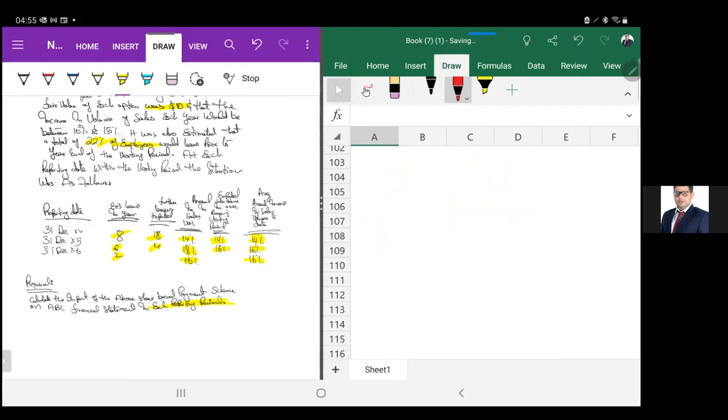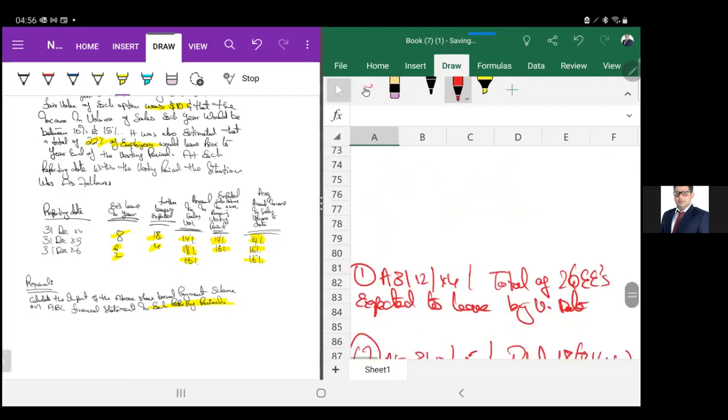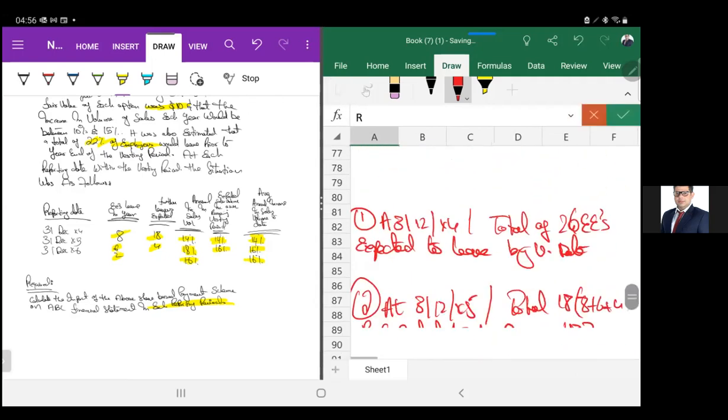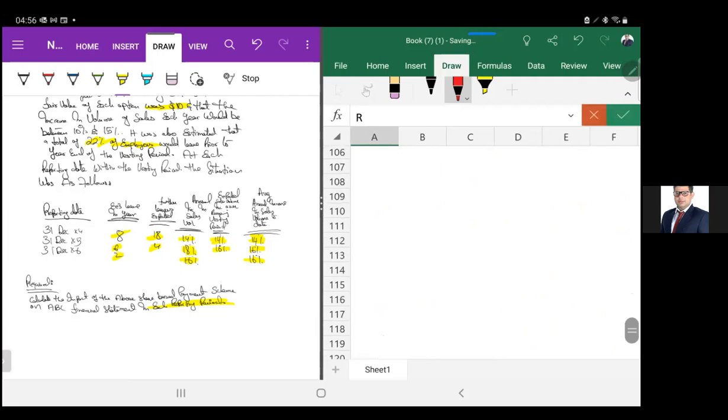What to do? Let us just do the calculation over here. Now I will have the heading, the reporting date.